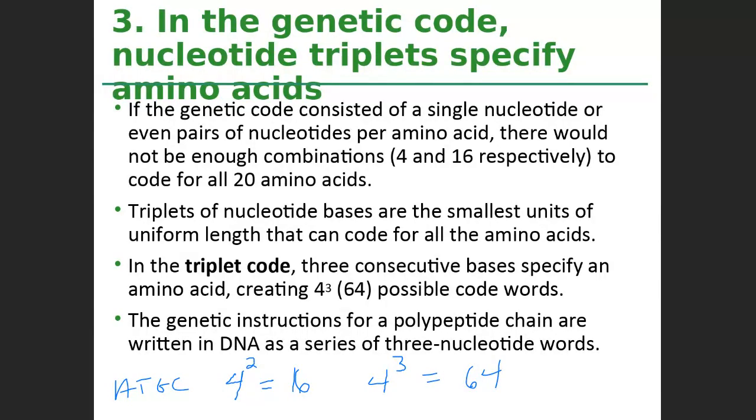So the genetic code is based on 3 nucleotides. Every 3 nucleotides is a codon, also known as a triplet codon. So that's how the information is stored.